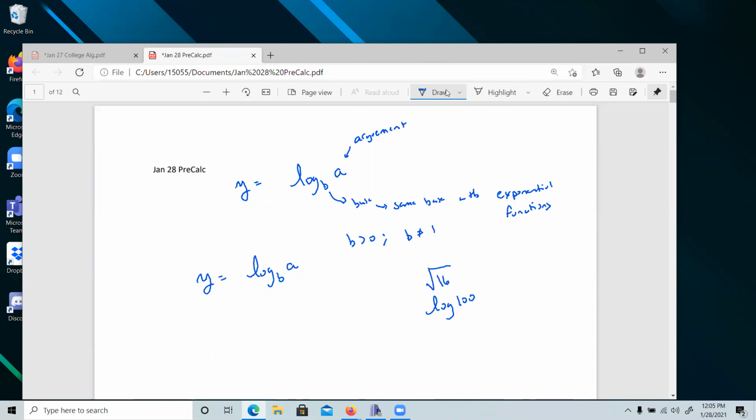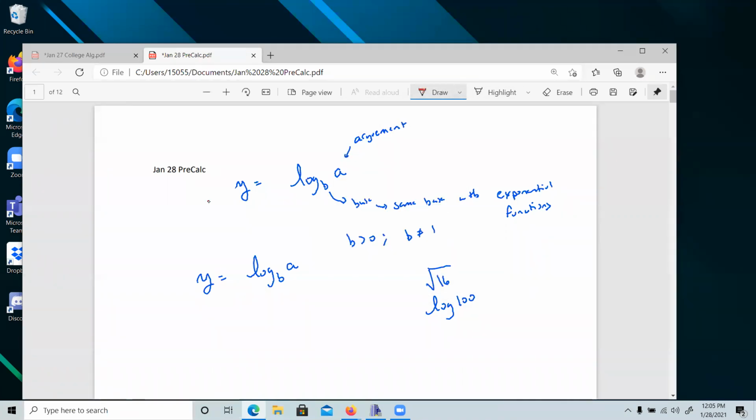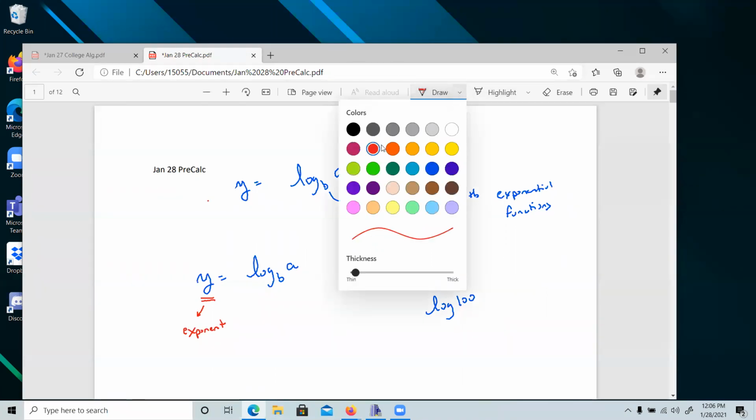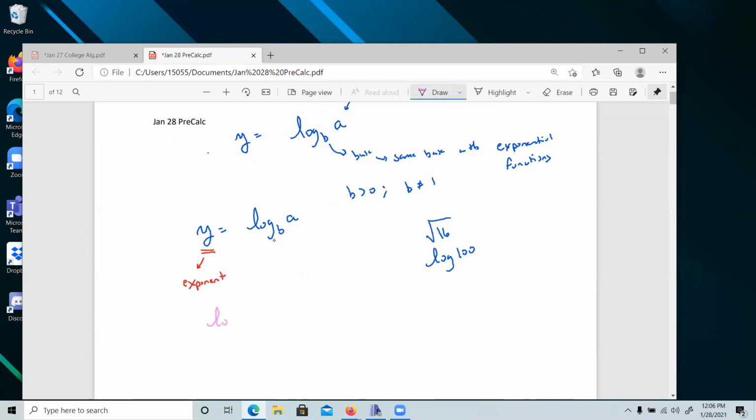And what they're really saying with this is the logarithm, the answer to the logarithm, this thing is an exponent. Now, I know it doesn't look like one because it's on the baseline, but what we're doing here, okay, is that we are taking, let me write it the forward way rather than the backwards way.